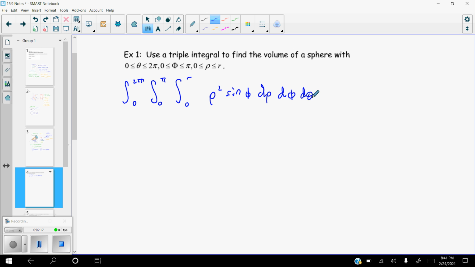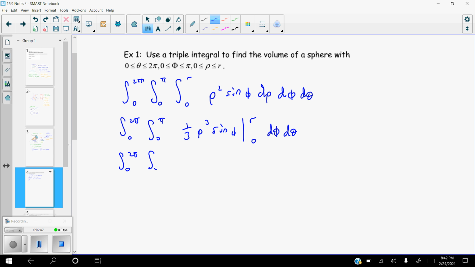So, okay, let's go ahead and start the antiderivative process. Can't split these up, at least not yet, because 0 to r is not a constant bound. So we can't do that part yet. So we can just do it as it stands. Antiderivative with respect to rho is going to be 1/3 rho cubed sine phi evaluated from 0 to r, d phi d theta.